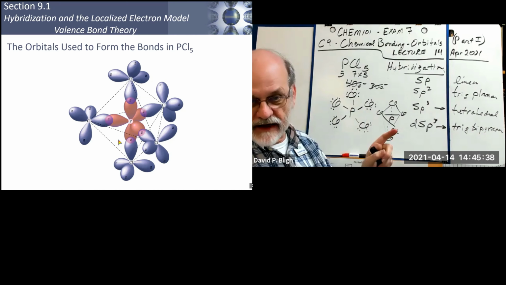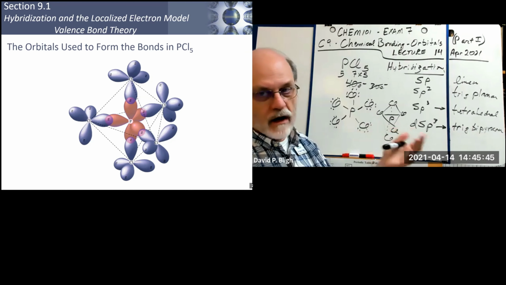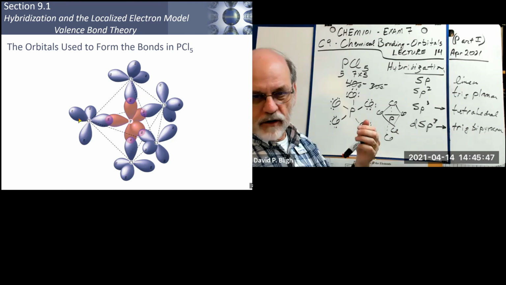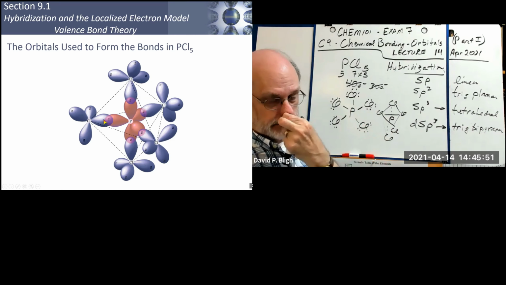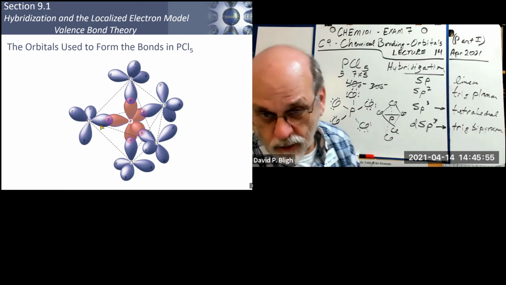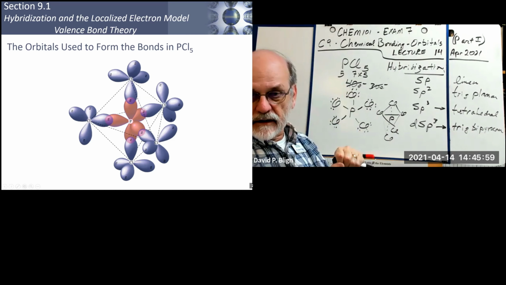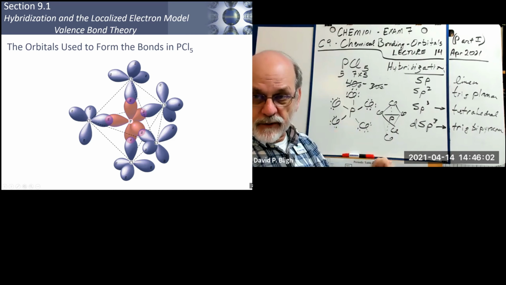And it looks to me like that's what's happening here. So chlorine is not hybridized, like hydrogen for methane was not hybridized. So chlorine doesn't have to hybridize. I suppose it could. And actually, the way they've got it drawn, it looks like it is sp3 hybridized.